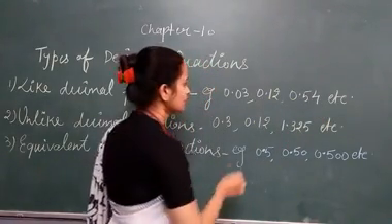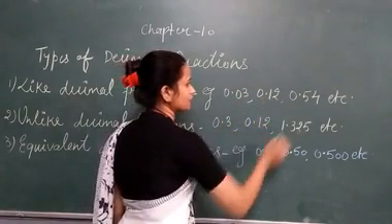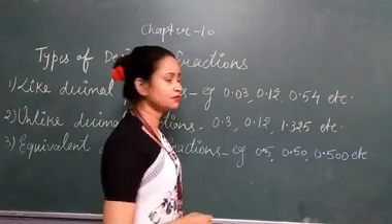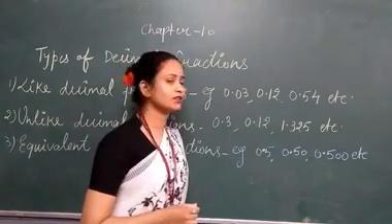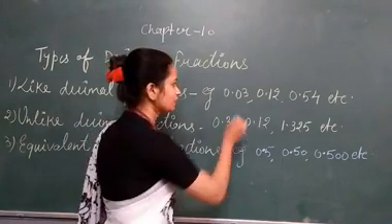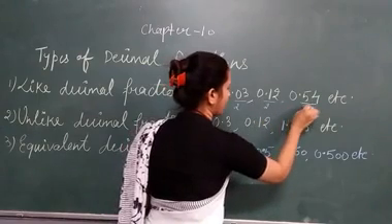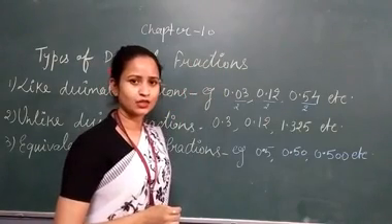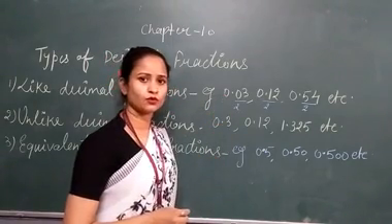We can see here after the decimal point 2 digits are there. In each number after the decimal point 2 digits are there and they are having 2 decimal places. We can see both are equal. Decimal places are 2. That's why it is called like decimal fractions. Okay.